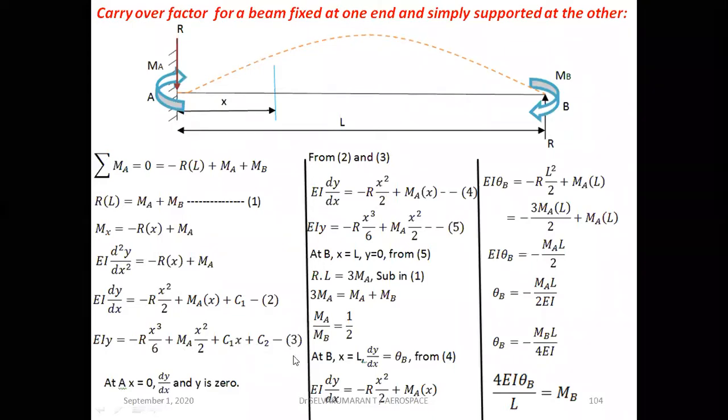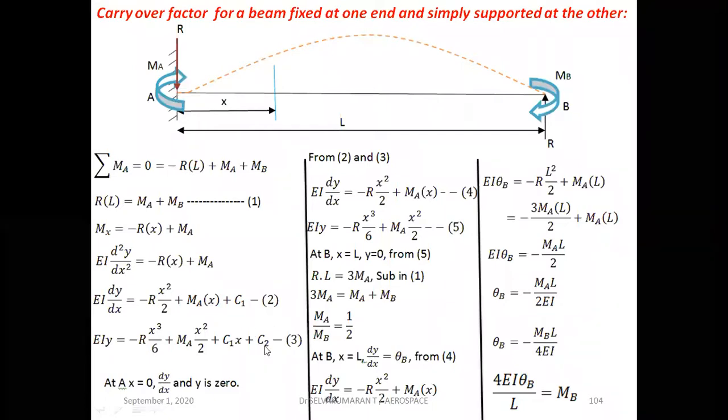Now let us apply the boundary conditions to get the constants of integration C1 and C2. A is the fixed support. At A, x is 0, where the slope and deflection are 0. We know very well from solid mechanics that at the fixed support, both slope and deflection are 0. So when you apply these boundary conditions in equations 2 and 3, C1 will be 0 and C2 will be 0.